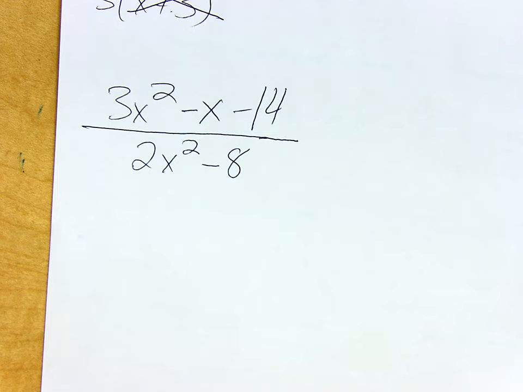So if you're looking at the top, always look for a common factor to take out from the beginning. However, I don't think there is one. So how are you going to factor that top thing? I would use t's if I were you.